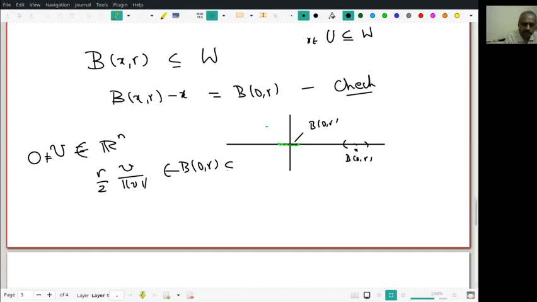Now B(0,R) is contained in W, which is a vector subspace. Therefore, if I multiply by a suitable scalar, it follows that v also belongs to W. But v is an arbitrary vector in R^n, so W is R^n, a contradiction.